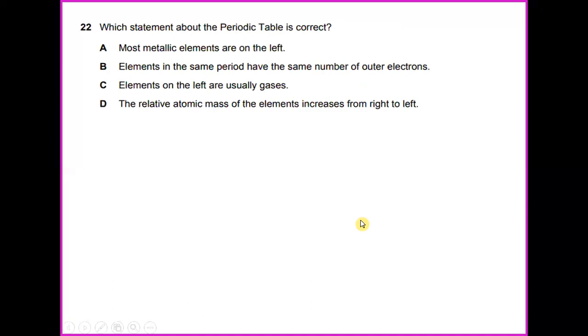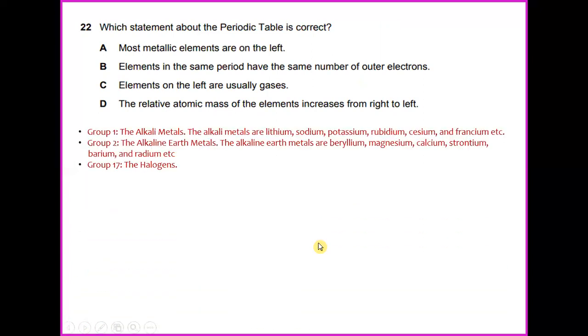Question number 22. Which statement about the periodic table is correct? Group 1 is the alkali metals. The alkali metals are lithium, sodium, potassium, rubidium, caesium, francium, etc. Whereas in group 2, there will be the alkaline earth metals.